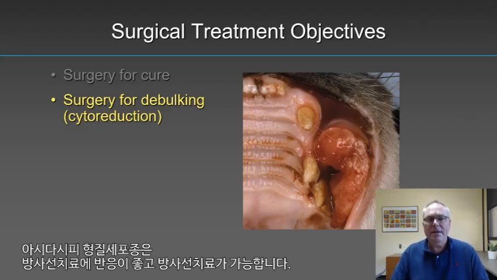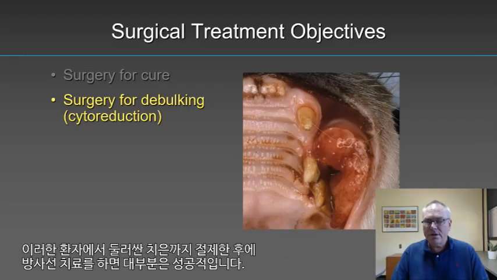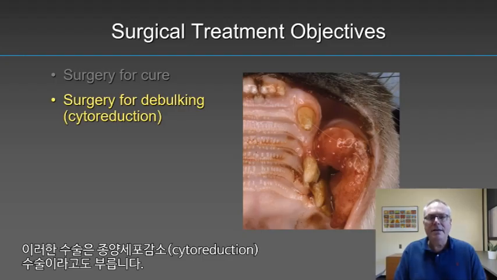We know that plasma cell tumors are radiosensitive and radiocurative. So if we excise the bulk of the tumor flush with the surrounding normal gingiva, and then send the animal for radiation treatment, in all likelihood that will be successful. Surgery for debulking is also known as cytoreduction surgery.